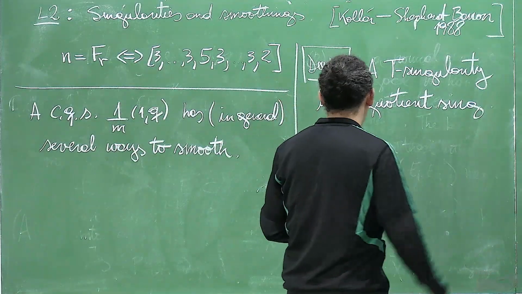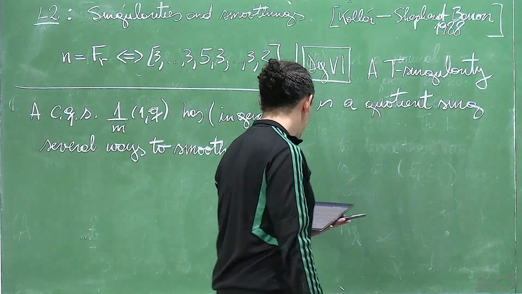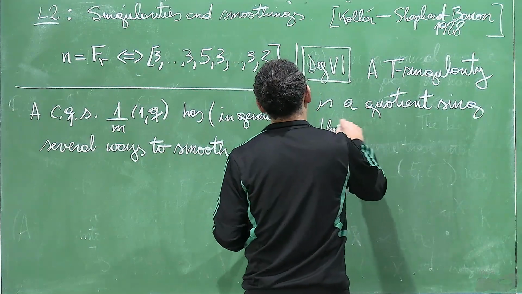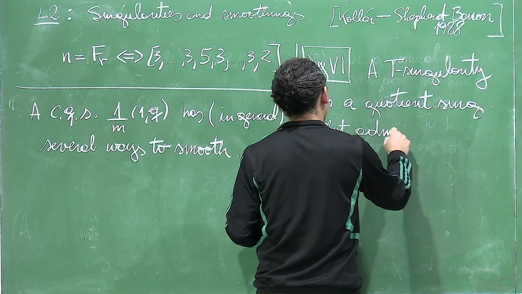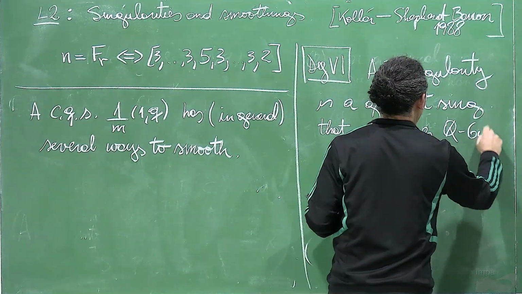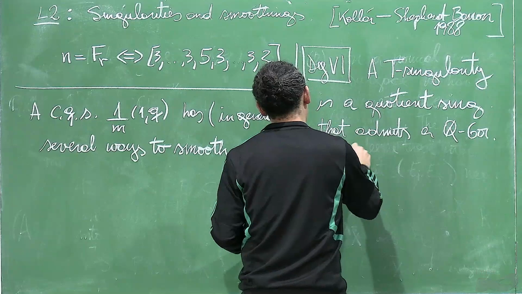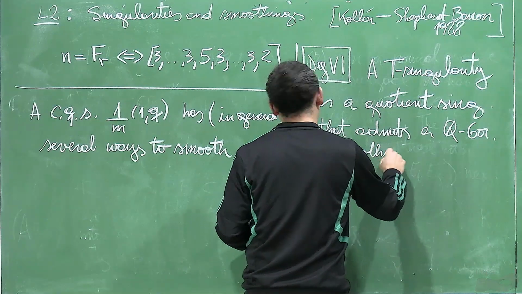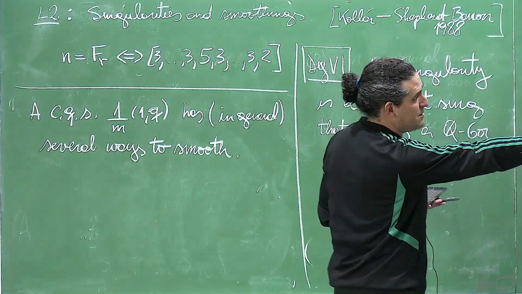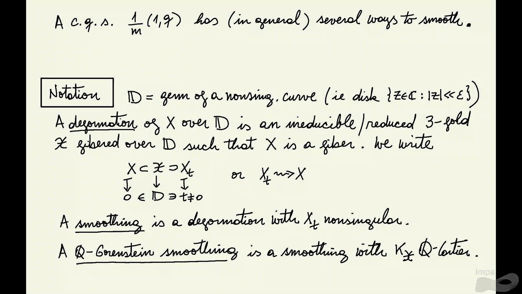So a quotient singularity is more general than cyclic quotient singularities. A quotient singularity that admits a Q-Gorenstein smoothing. So a situation like that, where this threefold has canonical class Q-Cartier.